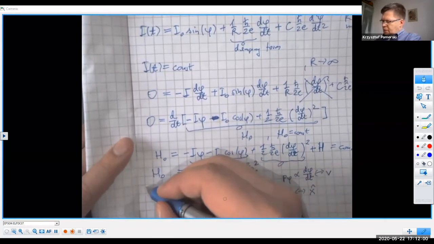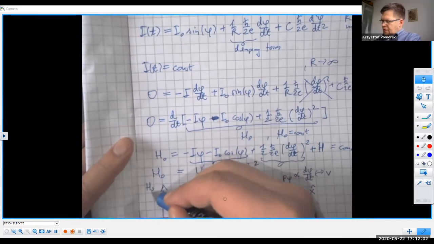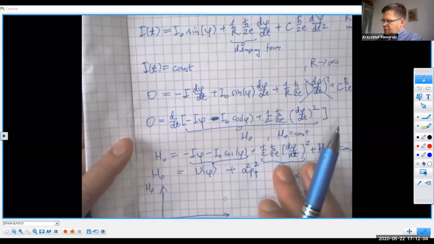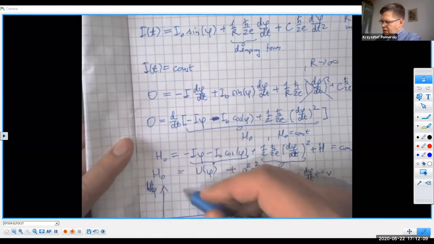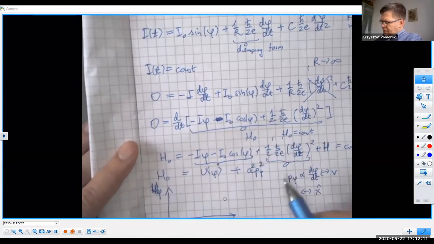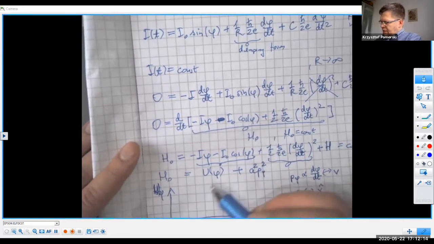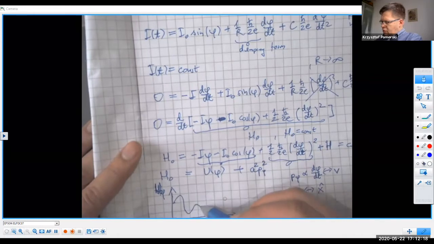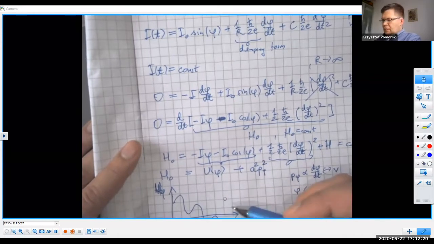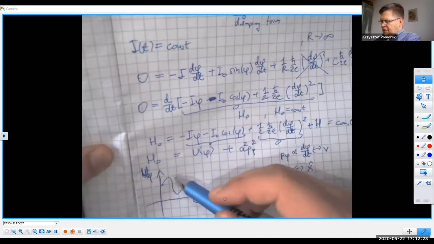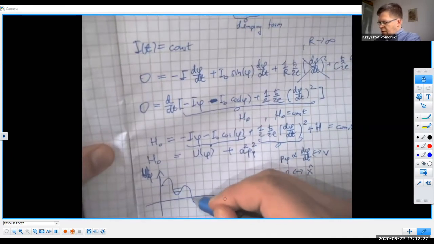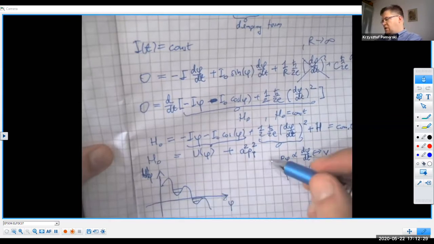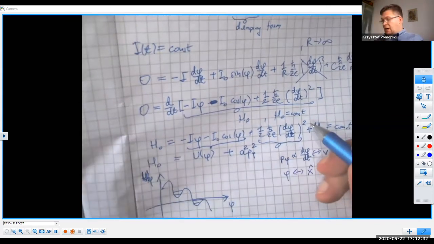There is some Hamiltonian, and if we forget about this dynamic term, so maybe this is like U of phi. So essentially we have such a so-called washboard potential. So this is very important because here the energy levels will live in our Josephson junction system, but we have to come into that.